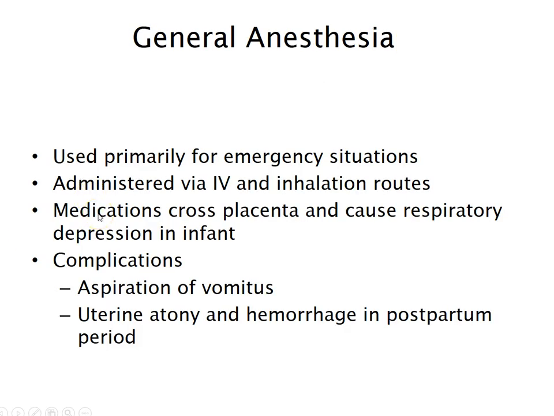All right, general anesthesia. So general anesthesia is when we are going to put the woman to sleep and paralyze her entire body. We only use this for emergency situations because if we give mom general anesthesia through gases and IV injections, then baby is also receiving these medications.